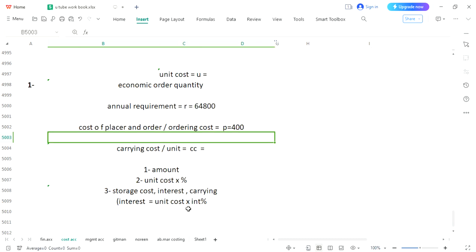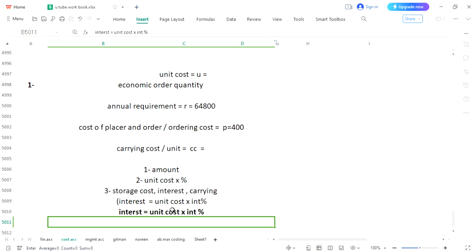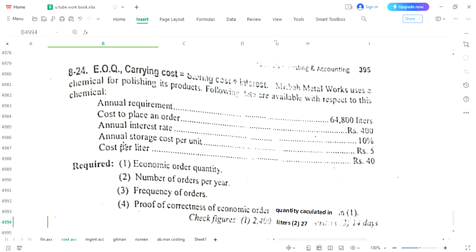So first we will calculate interest, and unit cost you will take. It would be multiplied with the interest percentage. So now you can put your unit cost. Cost per liter.